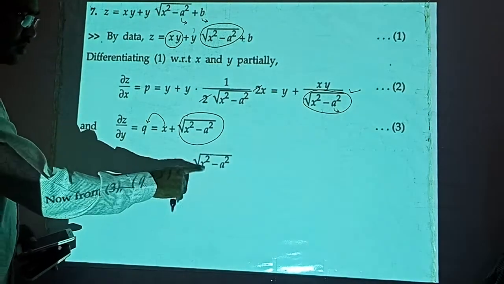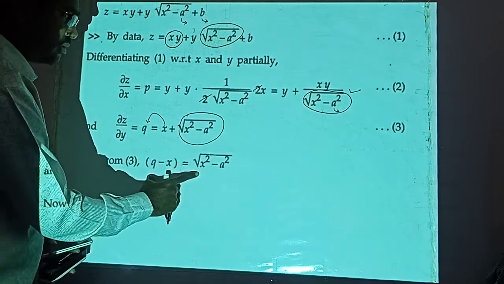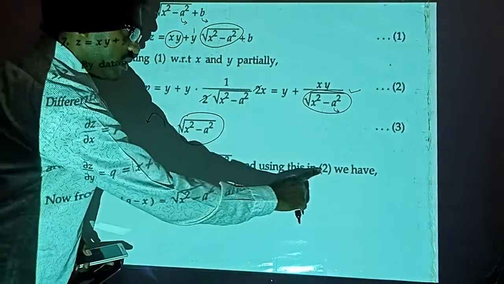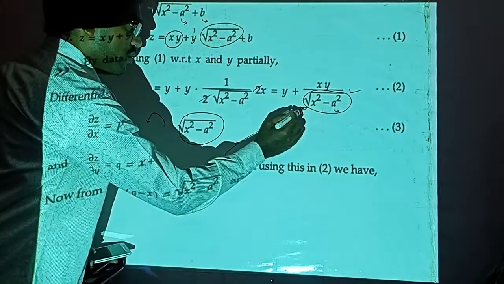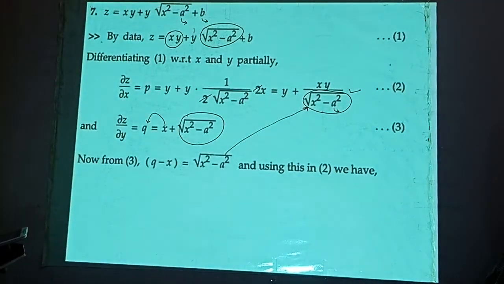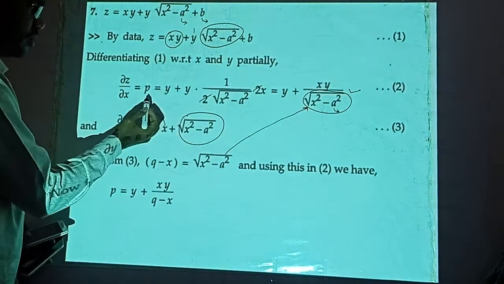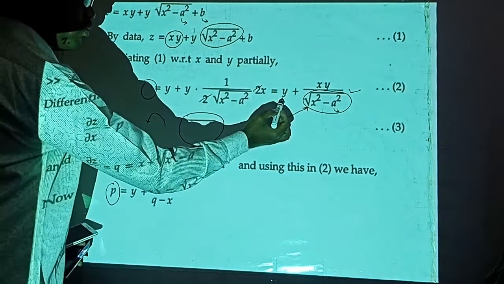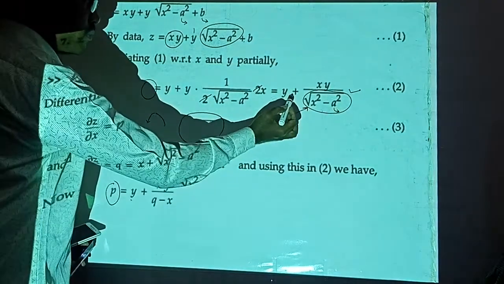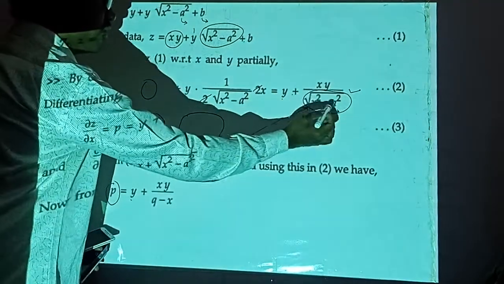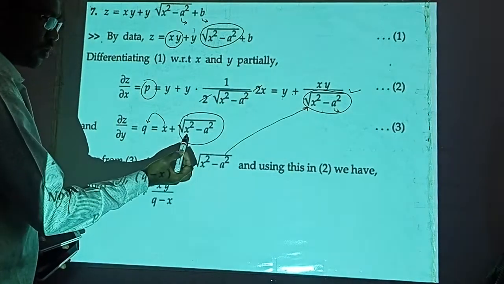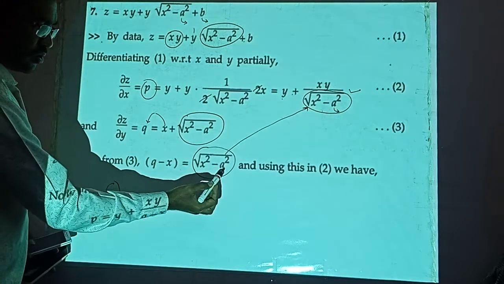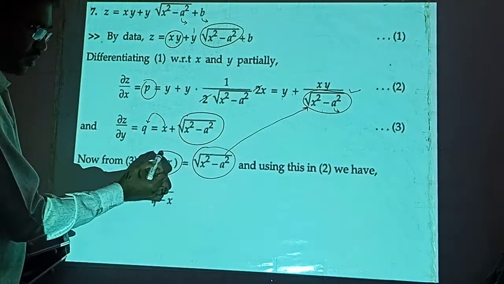See, q minus x is equal to this. So we are going to combine this in equation number 2. And using this in equation 2, we have, see, p is equal to y plus xy divided by root of x square minus a square, and x square minus a square is q minus x.